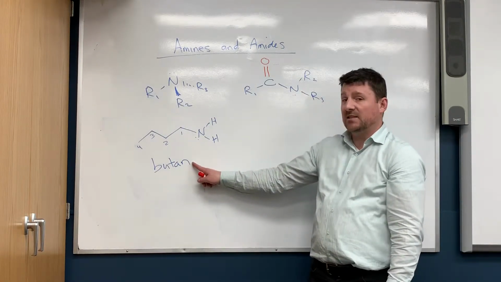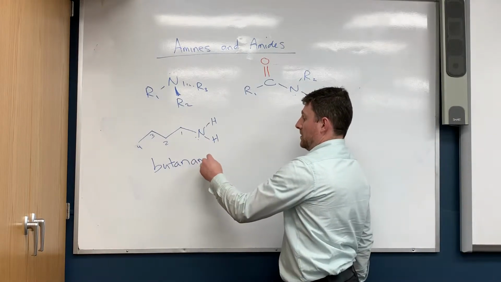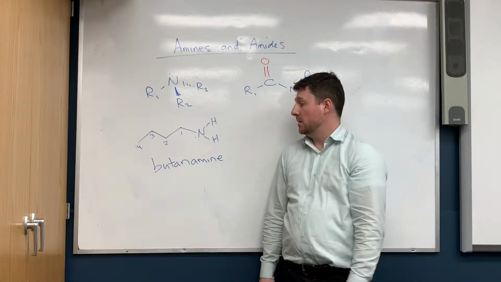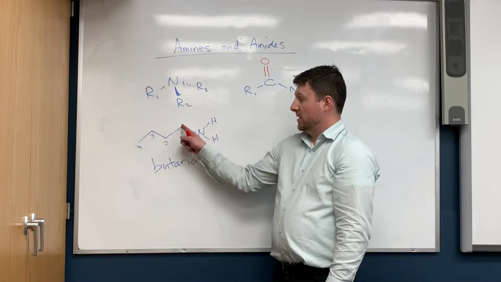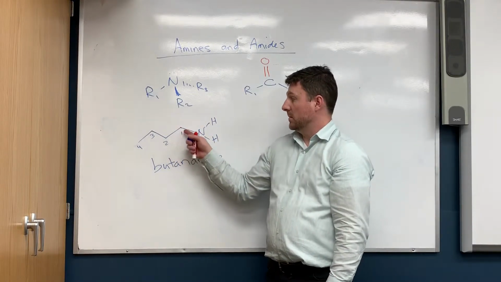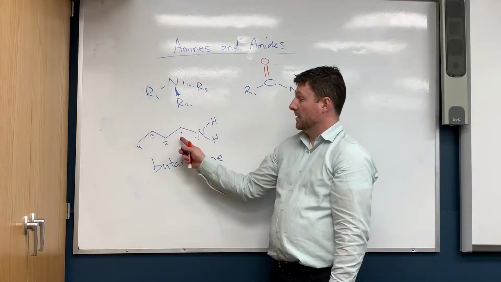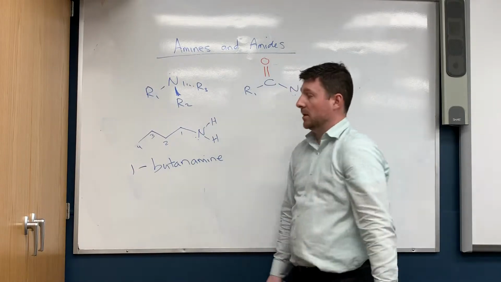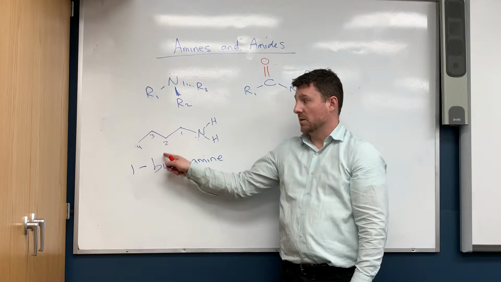Instead of putting an E to make butane, we're going to put amine at the end, because it's an amine. So it's butanamine. And this nitrogen could technically be put on the first carbon or the second carbon of the carbon chain, so we have to say that it's on the first carbon. We'll call it a 1-butanamine, as opposed to a 2-butanamine if the nitrogen was coming off the second carbon.